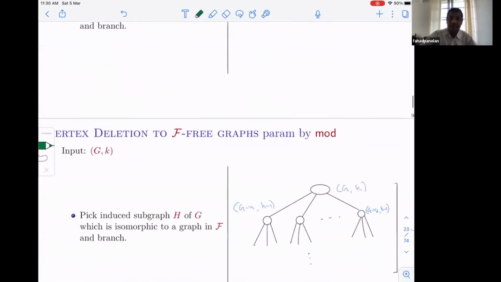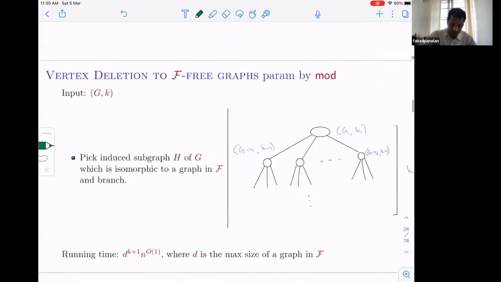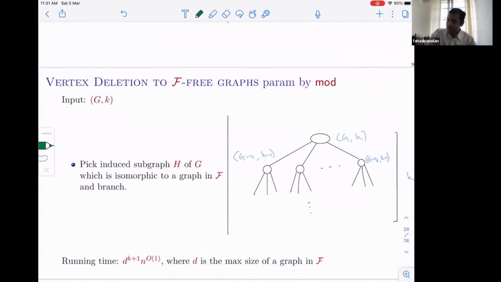You will get a recursion tree or branching tree with total number of nodes d to the power k plus 1, and in each node you are going to spend polynomial time. That leads to an algorithm of this running time. Okay, that is the simpler one, which is analogous to vertex cover parameterized by the solution size.